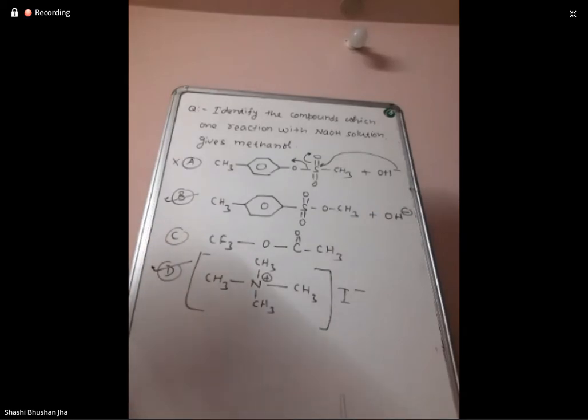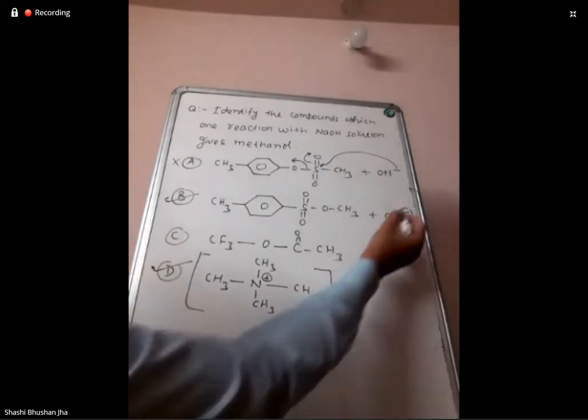So anyway, you are going to get methanol here, but my question is where will this OH minus go? Will it go to carbon or will it go to sulfur? Carbon. The attack should go to carbon. You can understand this way also.